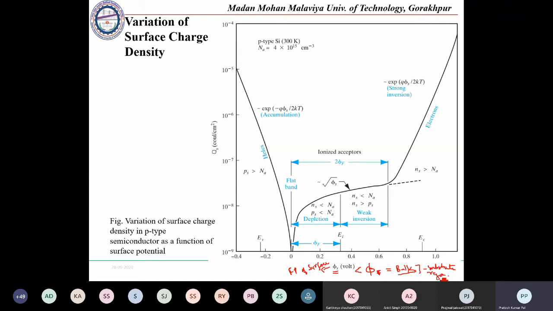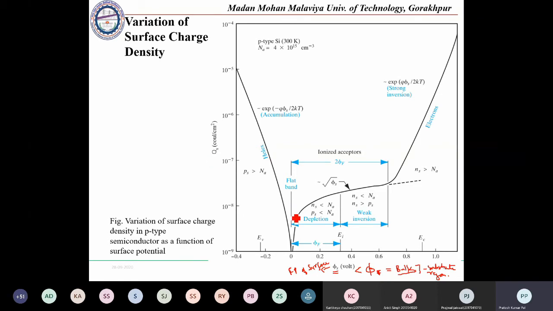So we will see how the variation of surface potential changes the charge density.